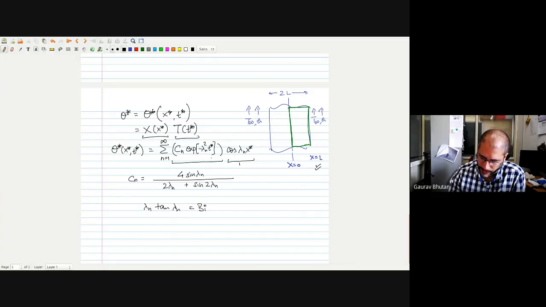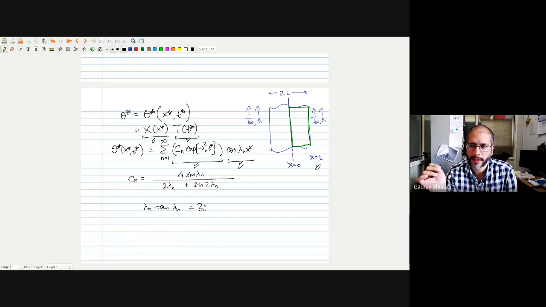So this cosine term is this X, and this Cn times e to the power of minus lambda n square t star is nothing but the temporal dependence. So it's an infinite Fourier series with the coefficients, functions of time, that bring the time effect, and the cosine term that brings the spatial effect.